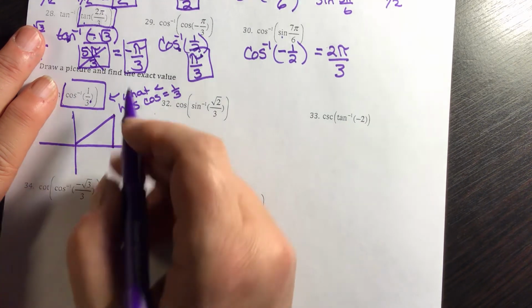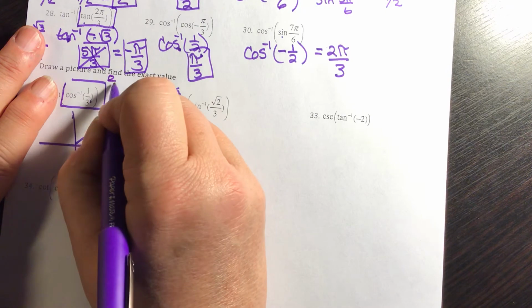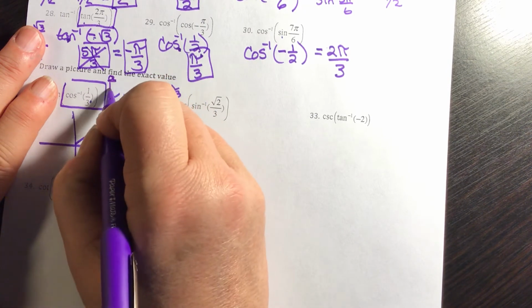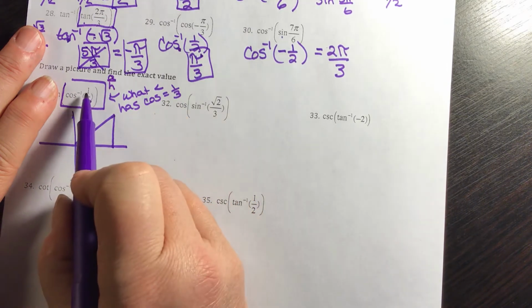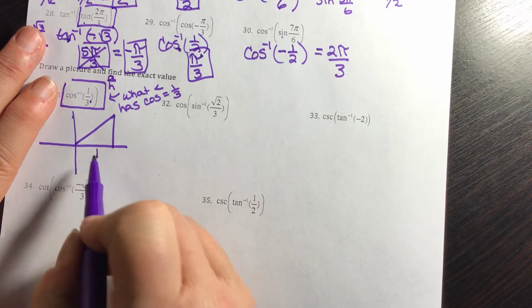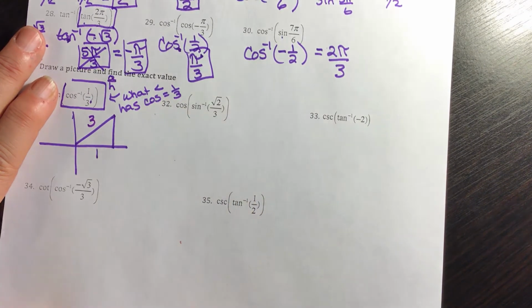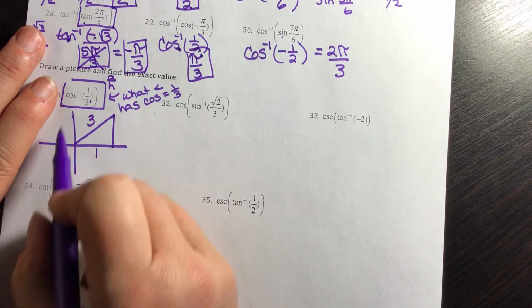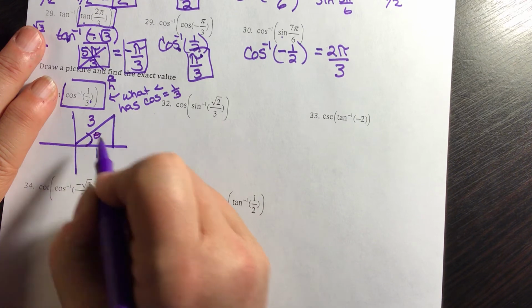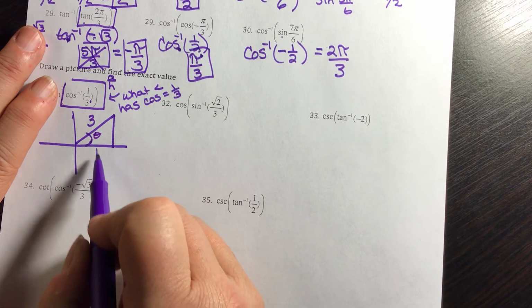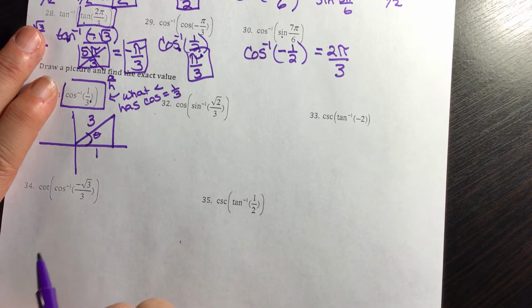Cosine is adjacent over hypotenuse. The top number is the adjacent number. The hypotenuse is 3. So here I have a triangle. This angle has cosine of 1/3.